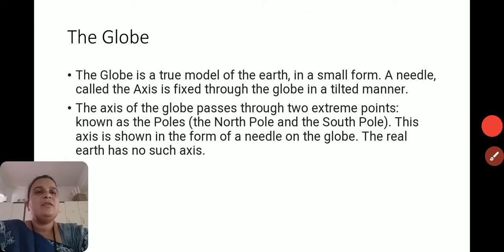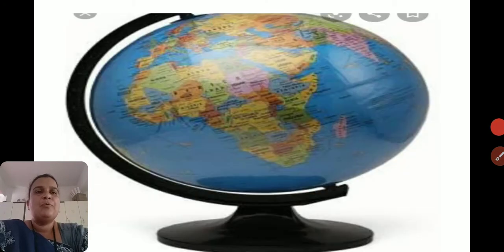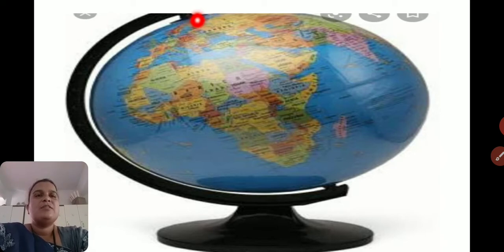Now you can see this is the globe. The globe is a true model of the planet Earth in a small manner. Here this is North Pole and this is South Pole, which is quite tilted in manner and it is called the axis.